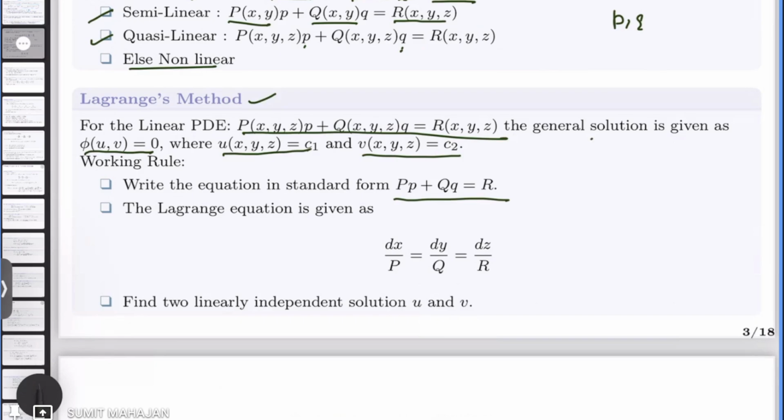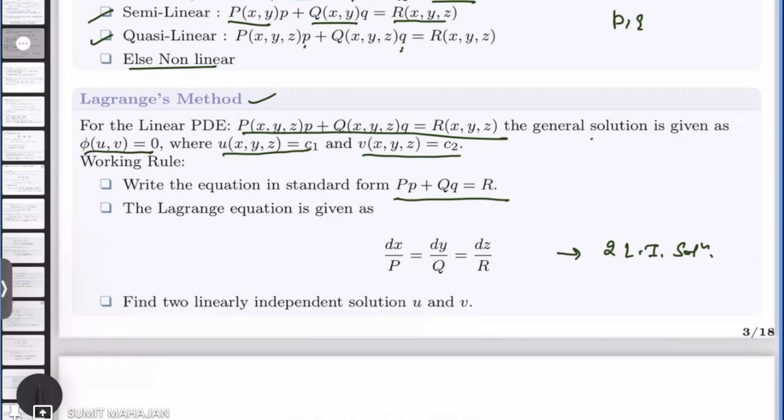So we write our equation in the standard form Pp plus Qq equals to R. Then we write the Lagrange equation, which is given by dx upon P equals dy upon Q equals dz upon R. Now we have to make a combination such that we can find two linearly independent solutions, like we did in the different questions that we have tried. Sometimes it is easy, that is, it is in separable form only.